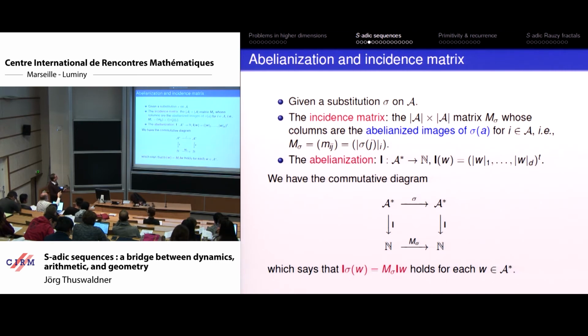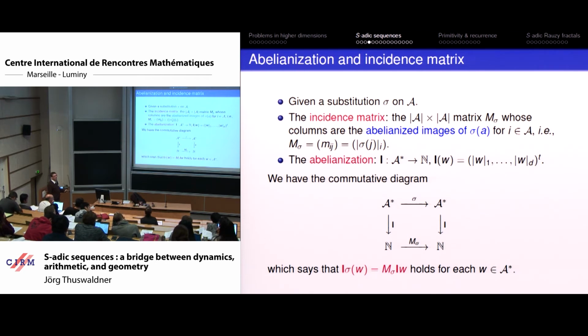Generalization goes to N to the power d. Yes, this is wrong. D should be written here. So the abelianization function, what does it do? It takes a word and turns the word into a vector, and here the D is missing. So the abelianization of a word is just a vector formed by integers.